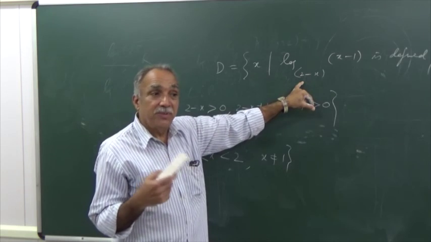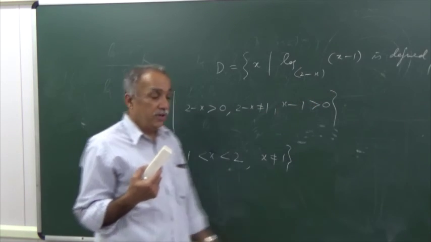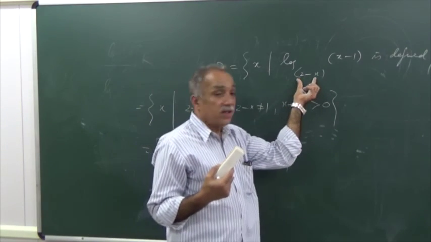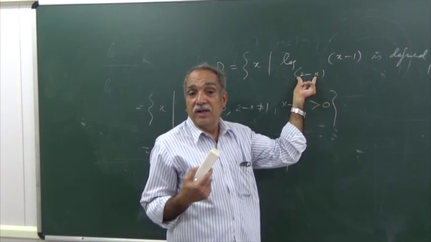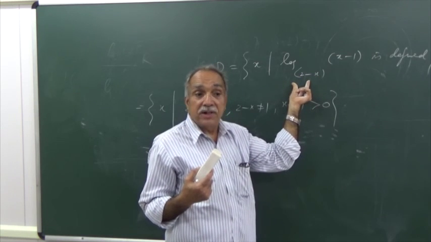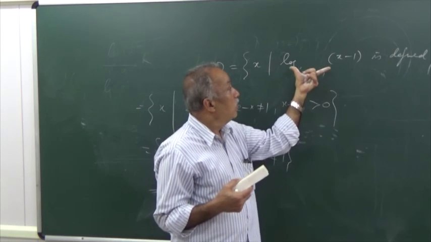If base is less than 1, something else is going to happen with the value of the function. My x is between 1 and 2. Therefore, 2 minus x will be between 0 and 1. This base is certainly a number less than 1, greater than 0, less than 1.